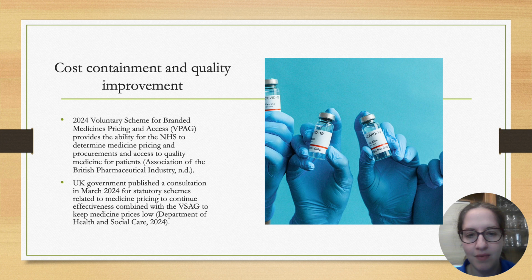And the UK government published a consultation in March 2024 for statutory schemes related to medicine pricing to continue that path to keeping pricing low and providing quality of medication, combined with the VPAG, according to the Department of Health and Social Care 2024. And we have a photo here of medication.